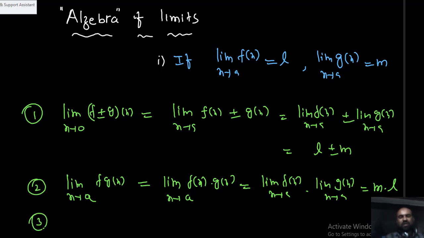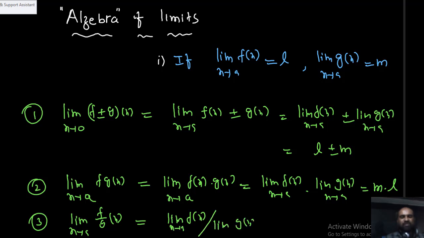Okay, third one students: the limit of f by g of x as x tends to a is the same as the limit of f of x as x tends to a divided by the limit of g of x as x tends to a, which is L by m, with one condition: m is not equal to 0.